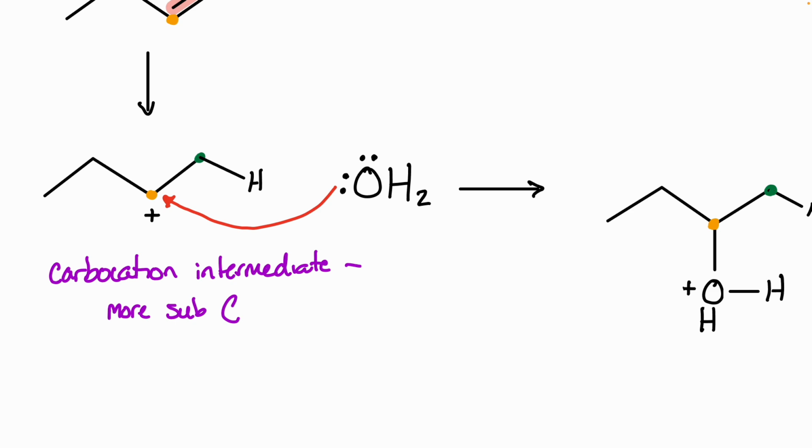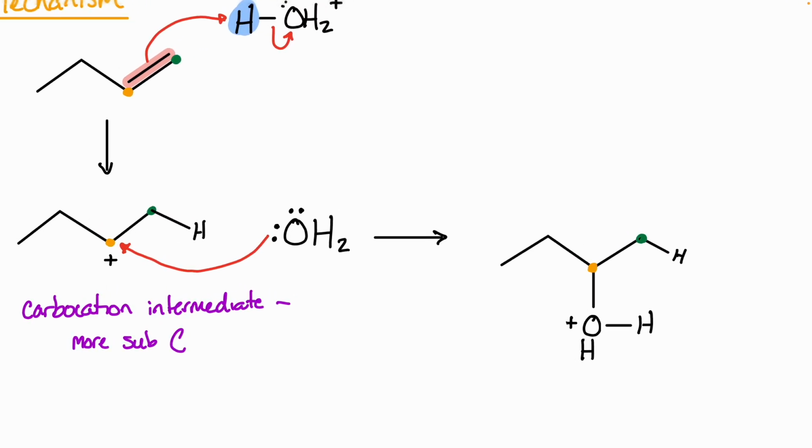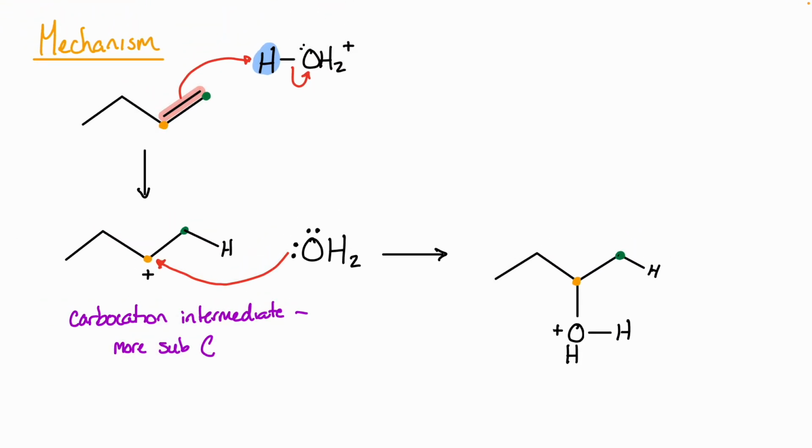So we have to start our pair of electrons at that lone pair and end at that carbon that's accepting that pair of electrons. And then we're almost there. Our final product here is going to be that alcohol. I'll explicitly draw in that new carbon-hydrogen bond, although you could leave it out.